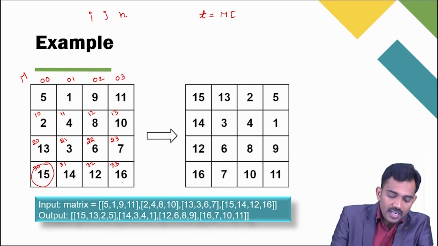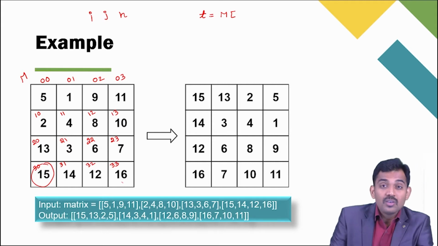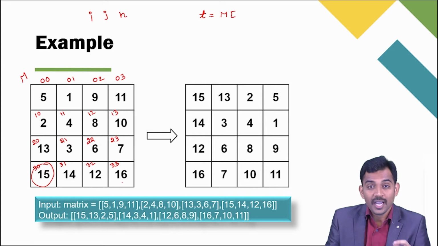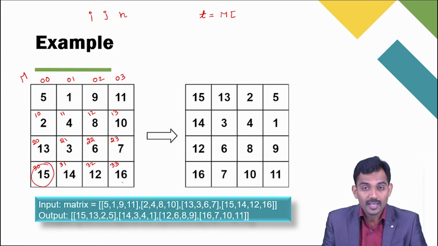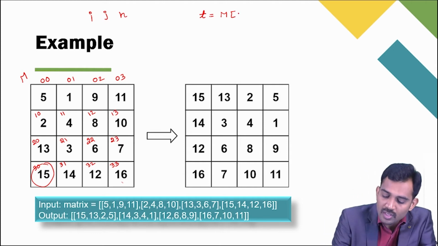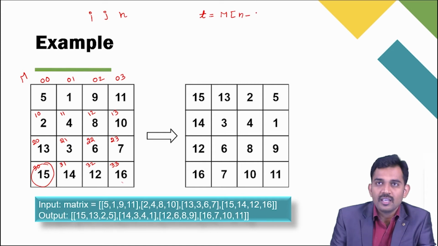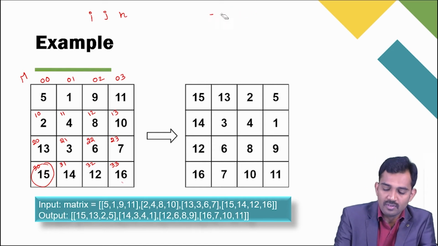After that, next I need to move here, and next move here, and next move here, which means I need to change my indexes, the rows. I'm going to change the rows. So that is why n minus, observe clearly.